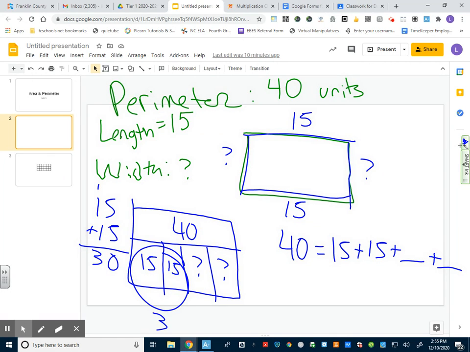Since this is a total of 30, we're now going to subtract that from the total we started with. So 40 take away 30 is 10. That means the missing sides equal 10 together. So if they equal 10 together, each missing side would have to be 5. 5 is the missing side.